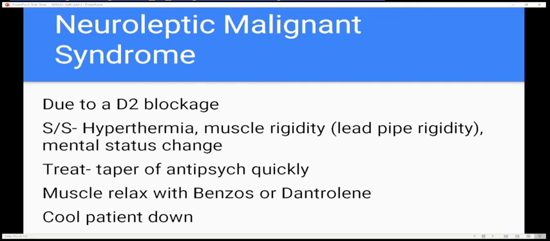Signs and symptoms: hyperthermia, muscle rigidity, and a sudden mental status change. This is usually caused by antipsychotics. You want to taper the antipsychotic off as quickly as possible, but you have to be careful with these as well, so read a couple of guidelines, make sure they match up, and then go from there. You can relax the muscles with a benzo or dantrolene, and also cool the patient down.